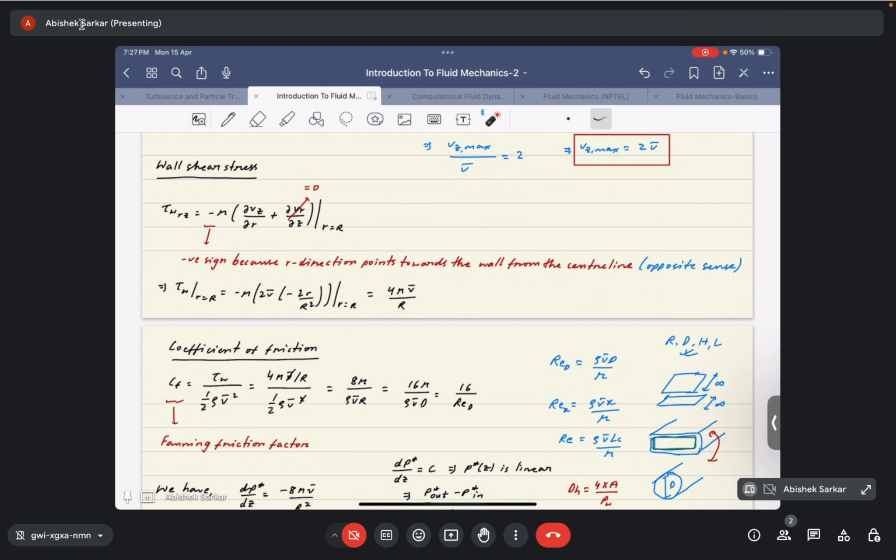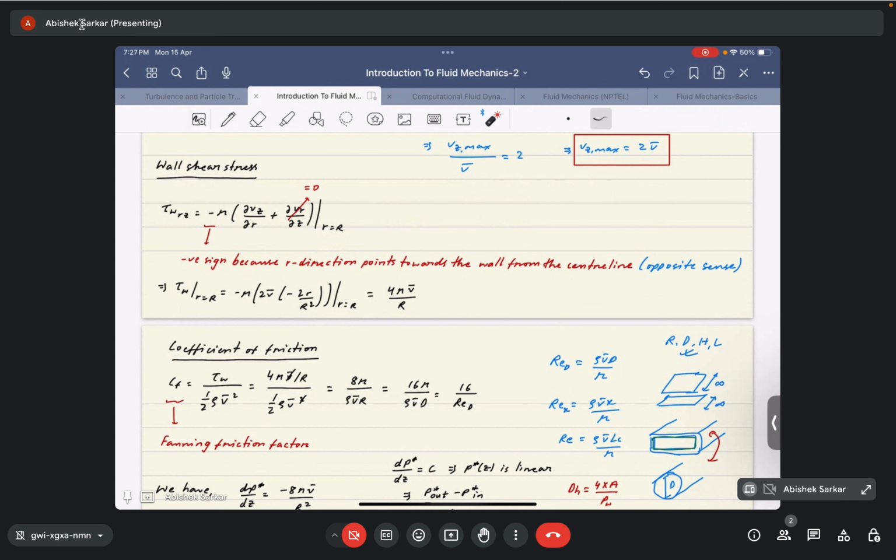We are only considering the stress at the wall, where Vr is also 0 from the no penetration boundary condition, Vr is 0 at r equal to R.